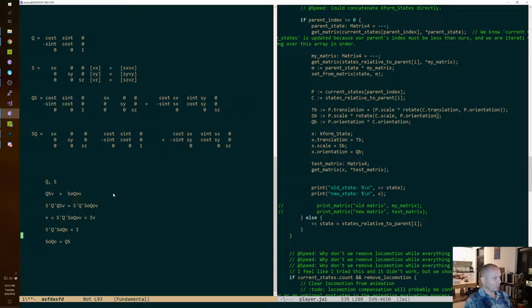I don't really know that there is. I mean, the problem with this statement is it doesn't really say what S and Q are, so you can't really say a lot more about them. Like S and Q are arbitrary transforms. We haven't added more information about that to this.